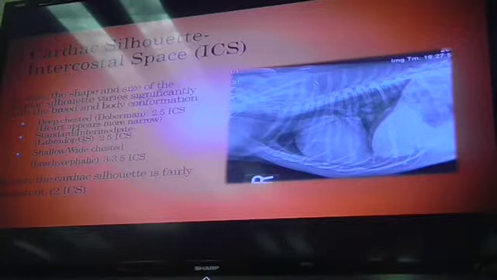Okay? So these are numbers for you guys to remember. 2.5 and 3 to 3.5 in the dog. Cats, on the safe side, we're going to keep it at 2. Okay? That's what's written on my slide.